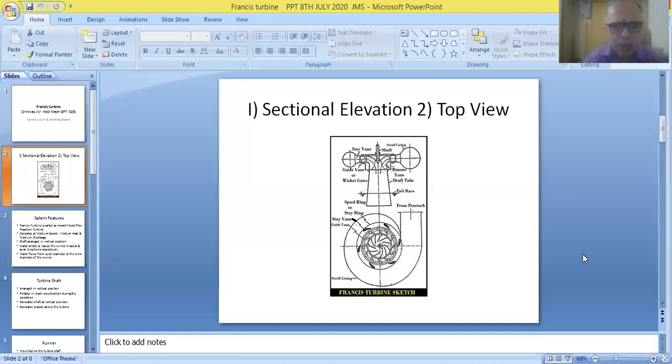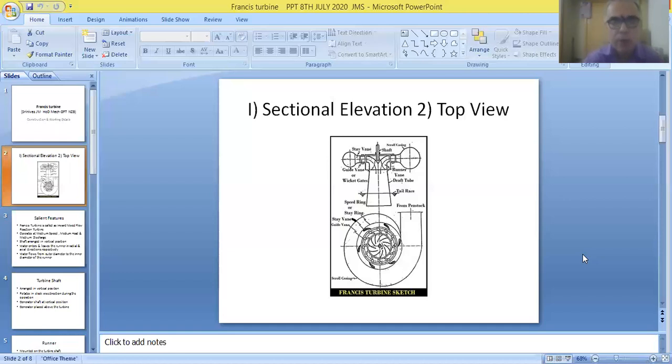So this is not visible in the top view because while looking from the top, this draft tube will not be visible. Because it is placed below the runner, you will not be in a position to indicate the draft tube in the top view of the machine.